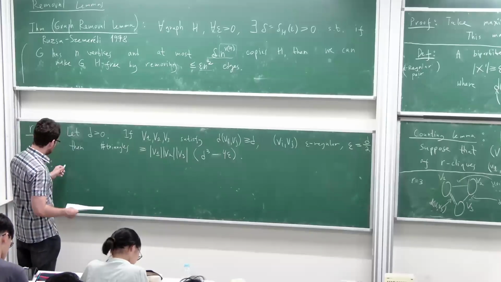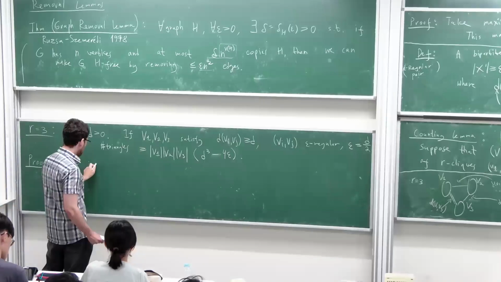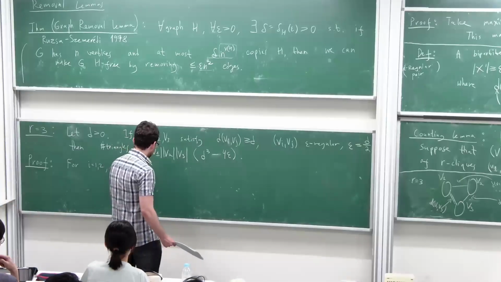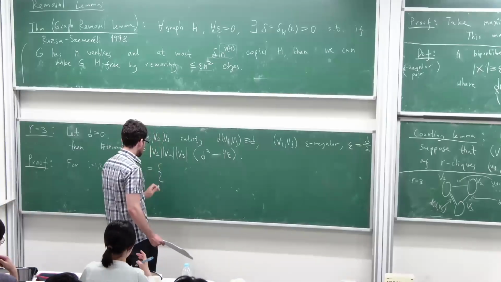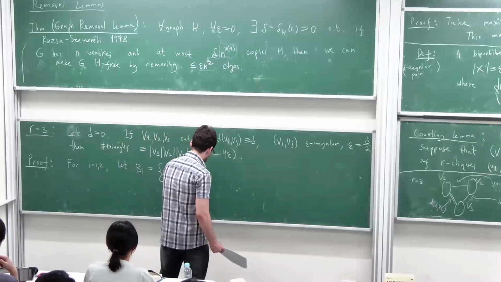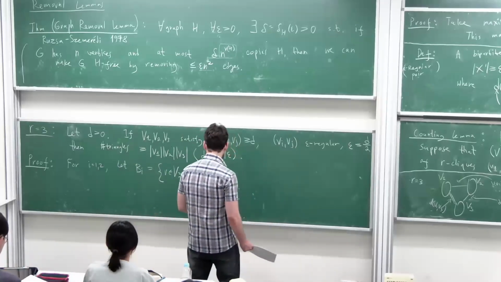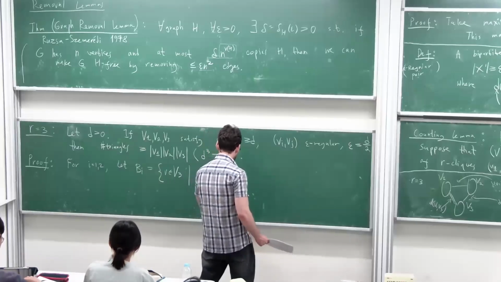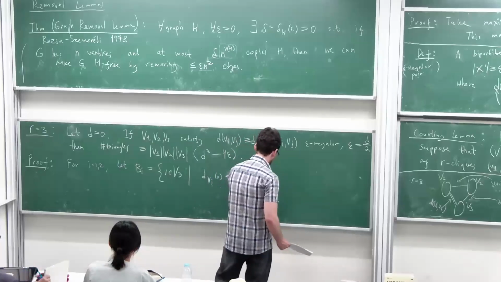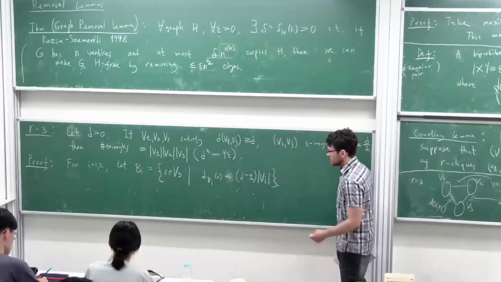So what we'll do is as follows. For i equals 1 and 2, let B_i be the set of all vertices in V3 such that, okay, so what is B_i?